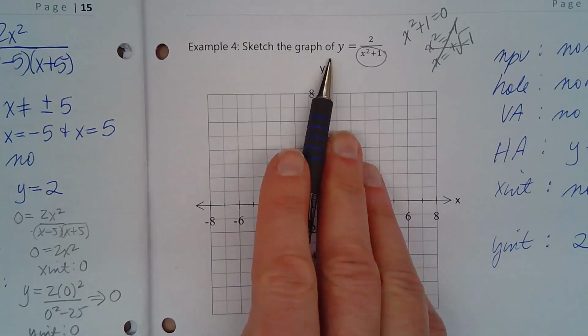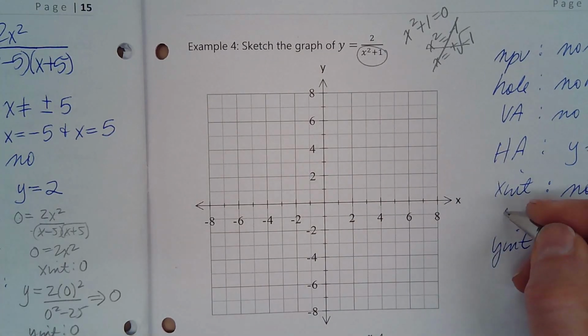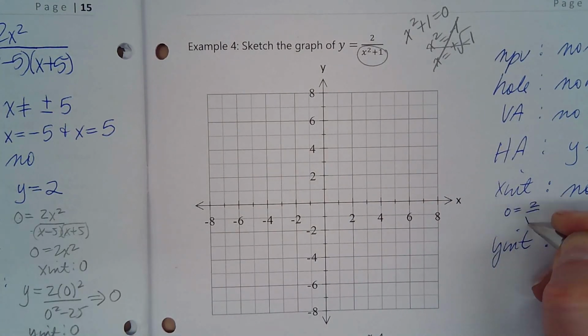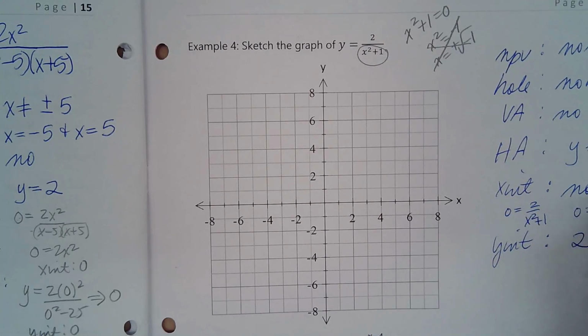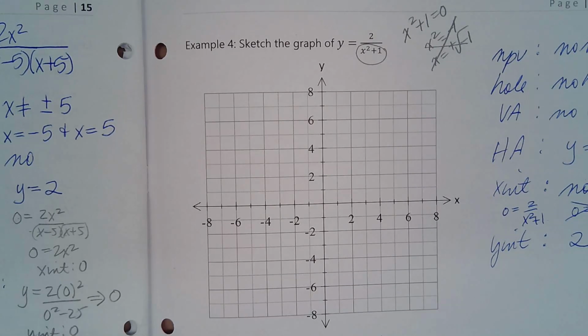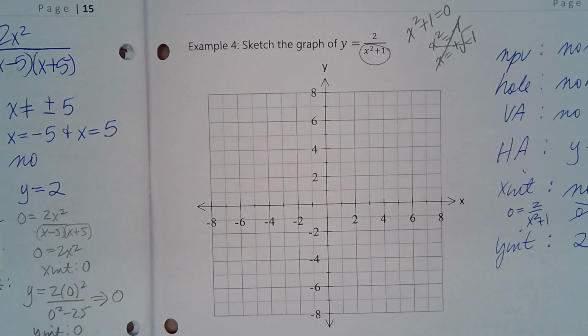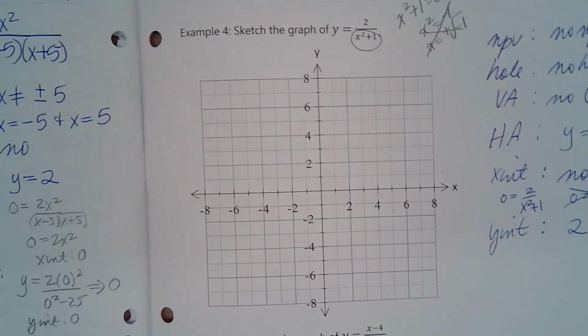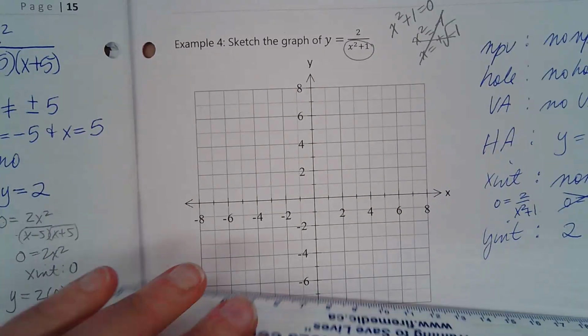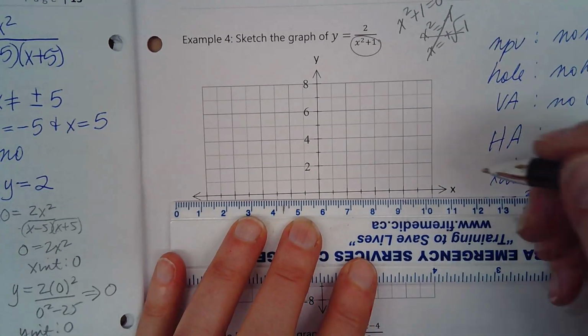Okay. If I put a 0 in for y, right, 0 equals 2 over x squared plus 1, I cross multiply, I get 0 equals 2. That's nonsense. That means there's no x-intercept. Okay. Now what's weird though is, the only thing I have is a horizontal asymptote at 0.